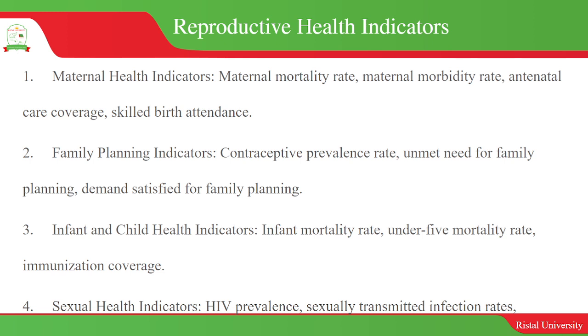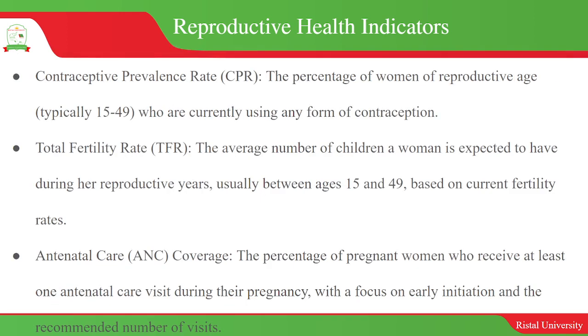And then we have family planning indicators, including contraceptive prevalence rate, unmet need for family planning, the demand satisfied for family planning, and then sexual and reproductive health, and the rest. Okay, so we have many reproductive health indicators.